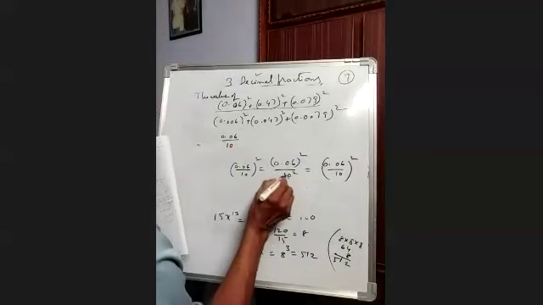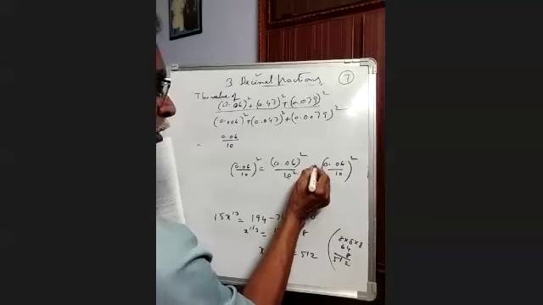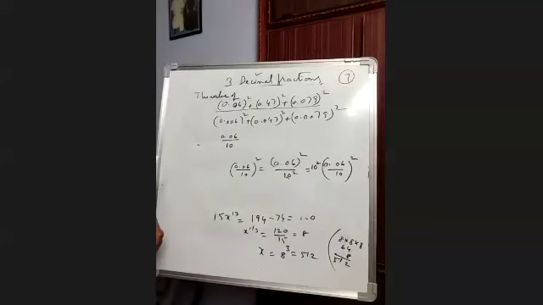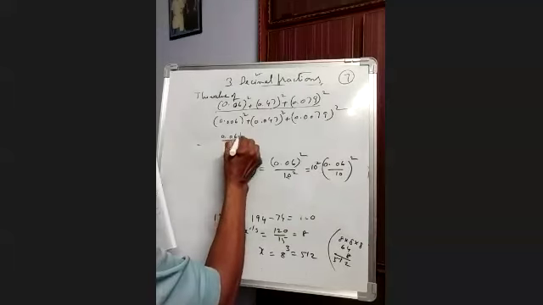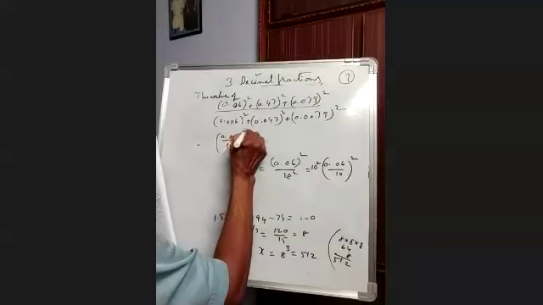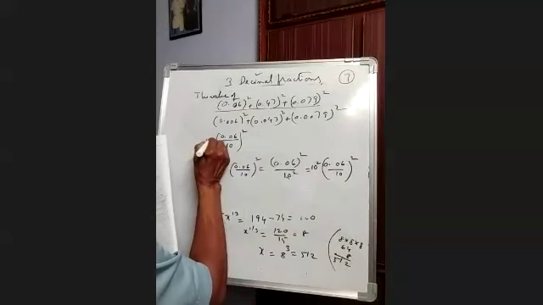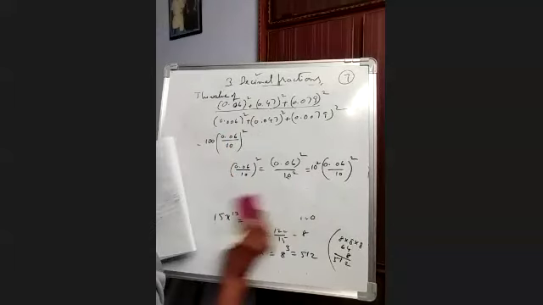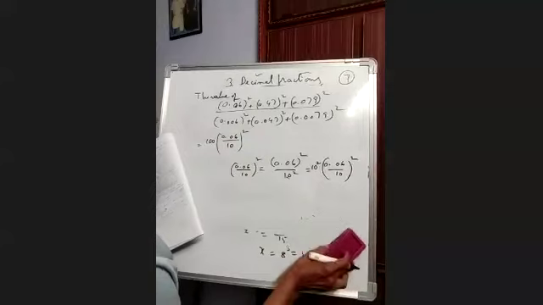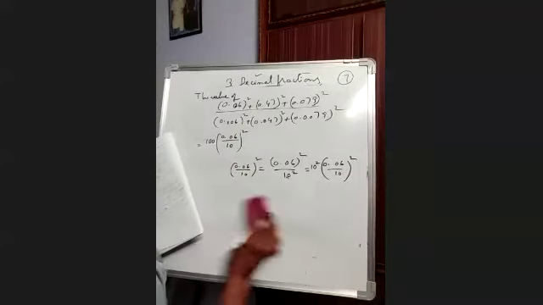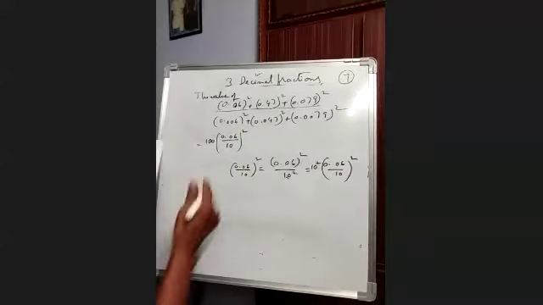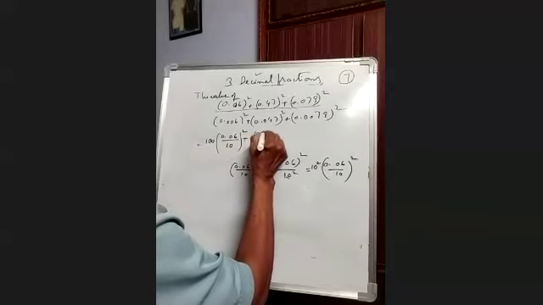Originally 10 square is not there, so 10 square will be outside. 100. If you multiply by 100, that will be enough. You cross check. 100 into this one.